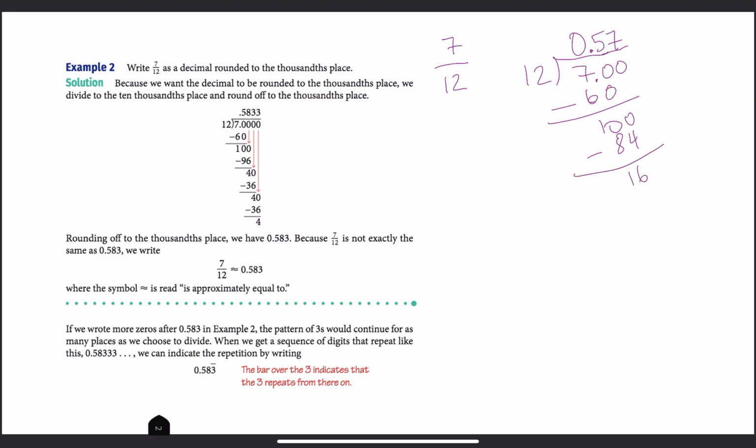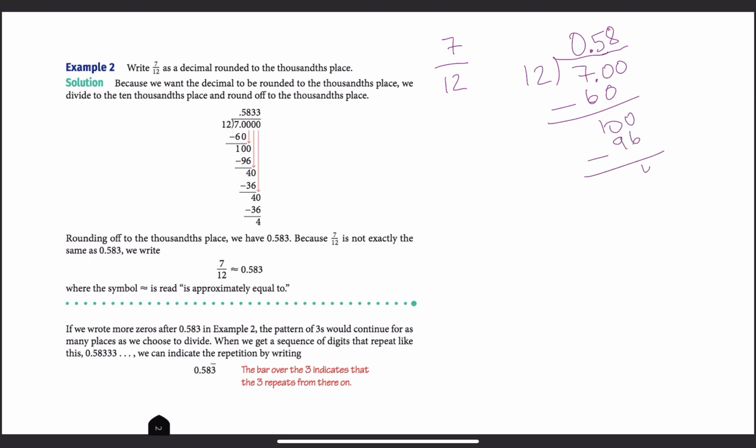And I'd have 16 left over, and I could add a 0. 12 will go into 160. Did it not go? I didn't go in enough times. Let's see. So it doesn't go in 7 times. It would go in 8 times then, because 8 times 12 is 96.